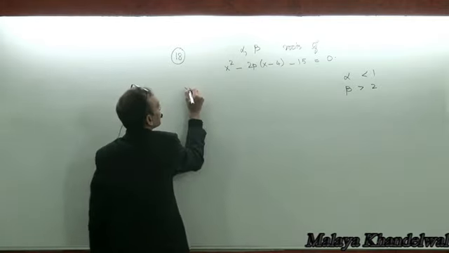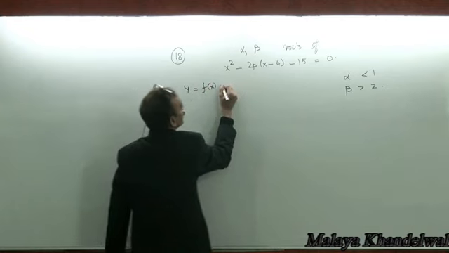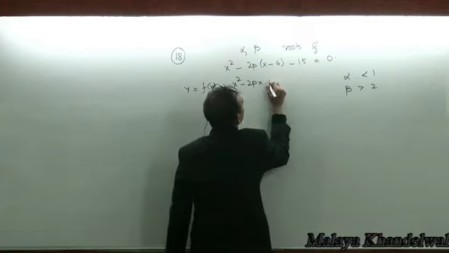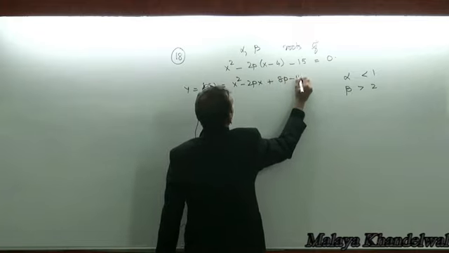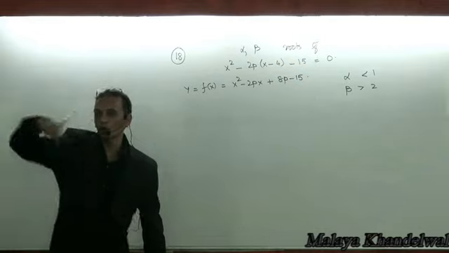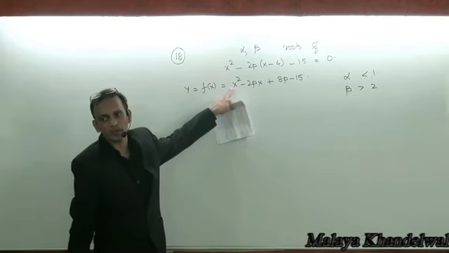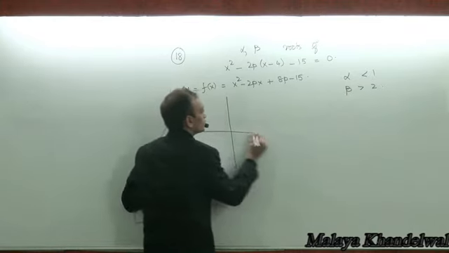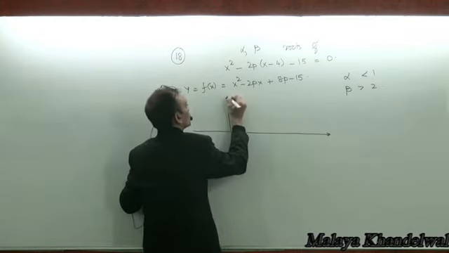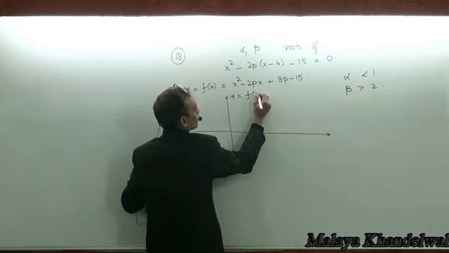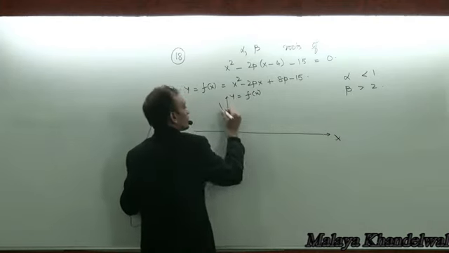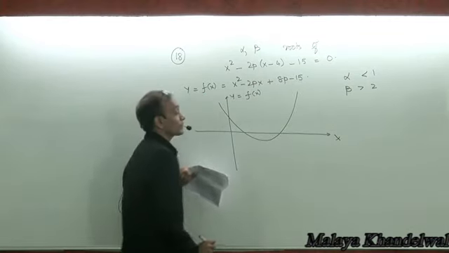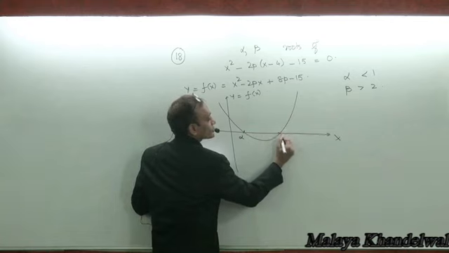Now this quadratic y equal to f(x) is x squared minus 2px plus 8p minus 15. It's an upward opening parabola. Why? Because the coefficient of x squared is positive, right? Now the graph of this must be like this, where alpha and beta are the roots.